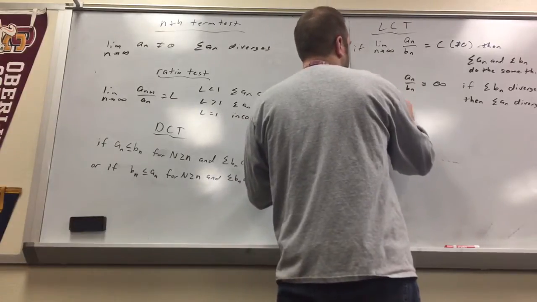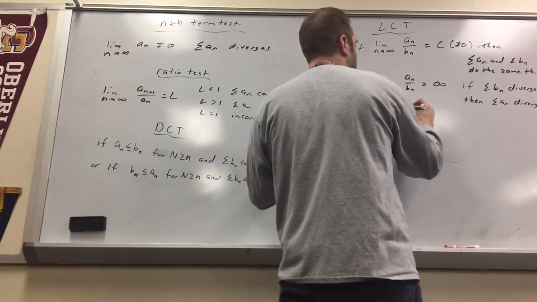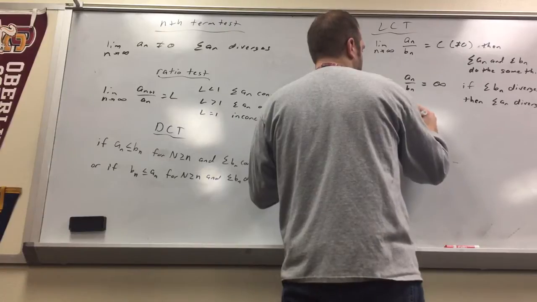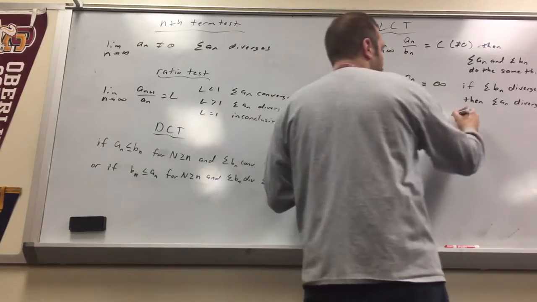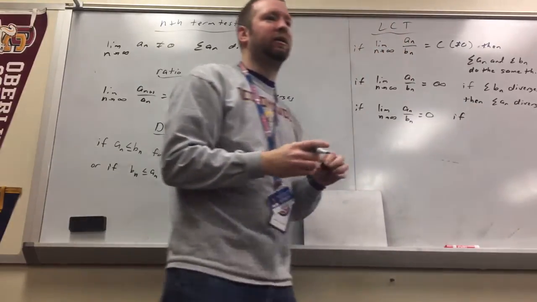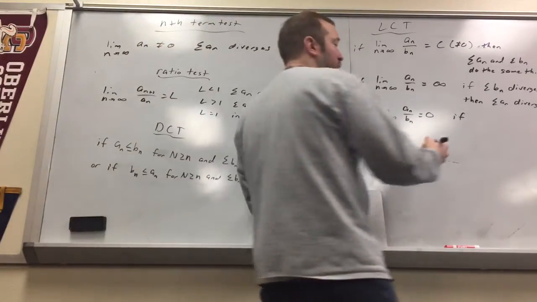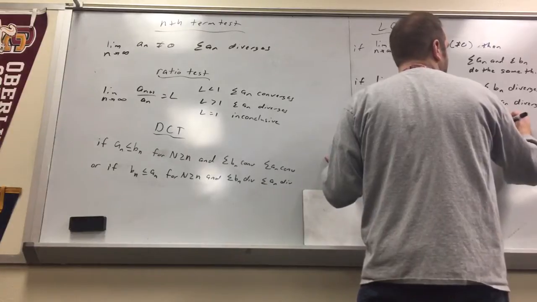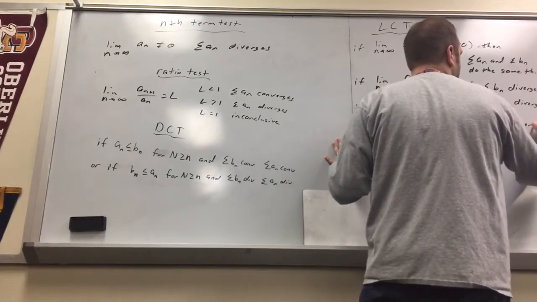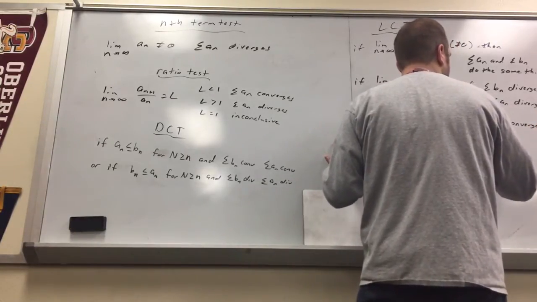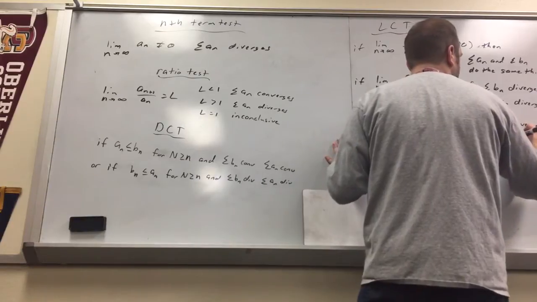Third, you have the other case, where this goes to 0. Then b sub n is the larger one, so if b sub n converges, then the series a sub n converges.